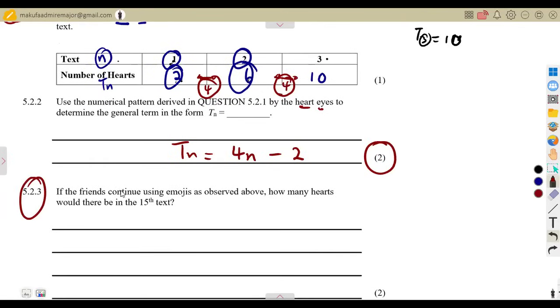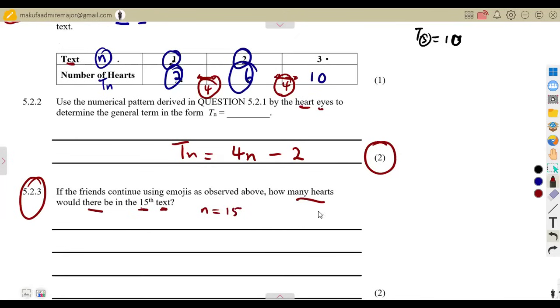So if the friends continue using emojis as observed above, how many hearts would be there in the 15th text? Remember, the text is n, so you are given n there. They are simply saying n is 15.